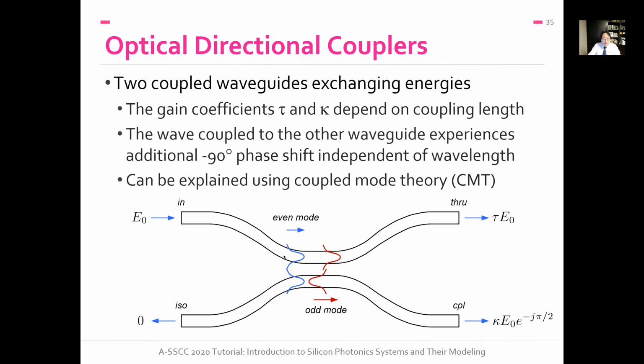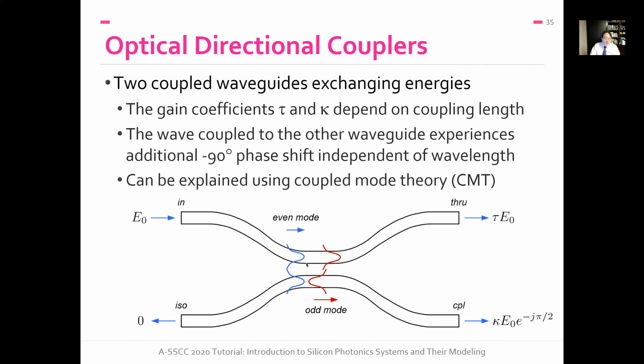And if you go deeper, within this coupled region, the incident energy will be split into what's called even mode and odd mode. These two different modes will have two different propagation velocities, which gives you a different distribution of energy depending on the position along this coupled region.